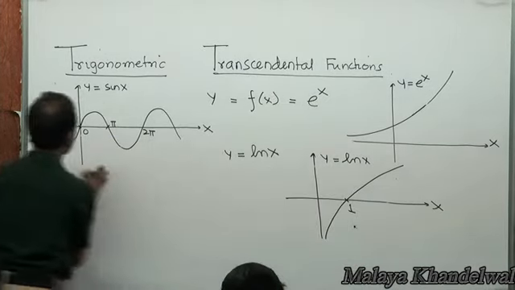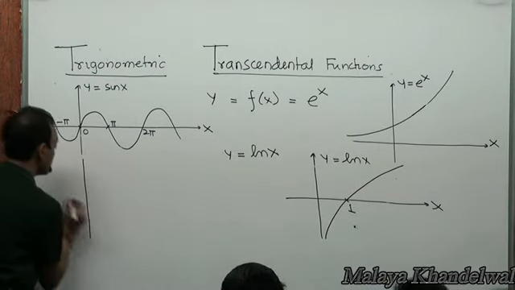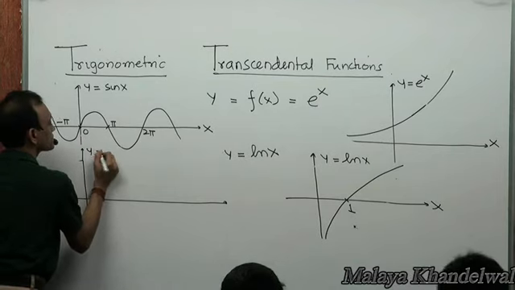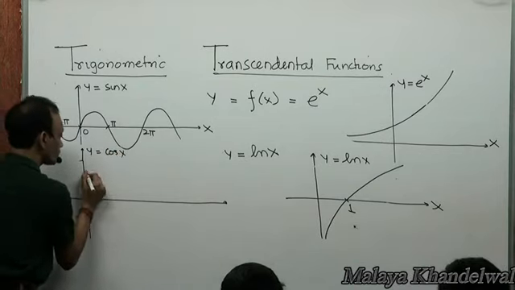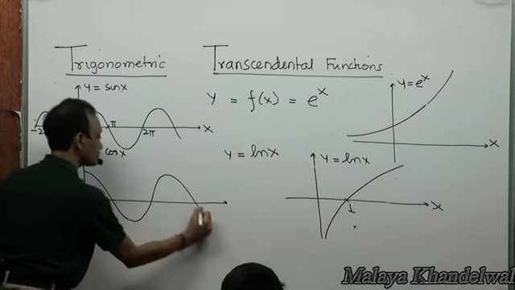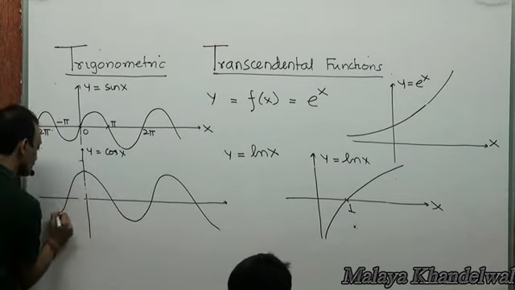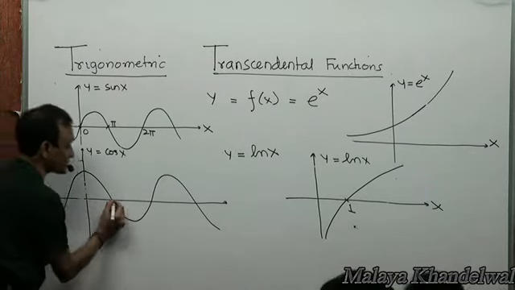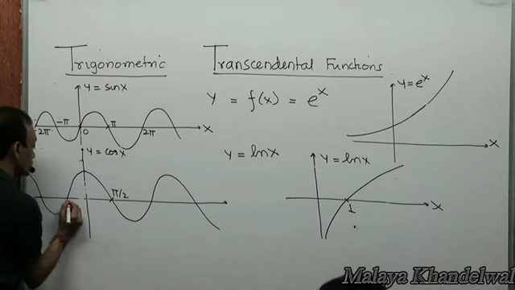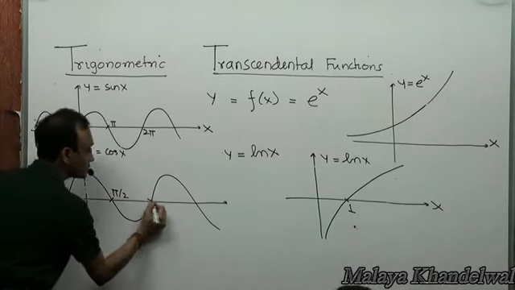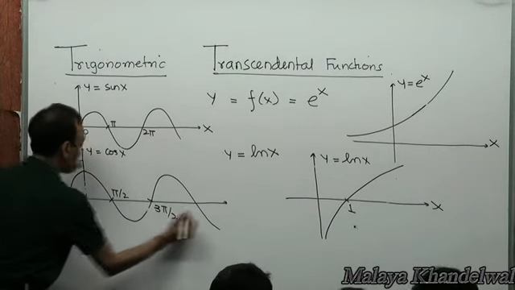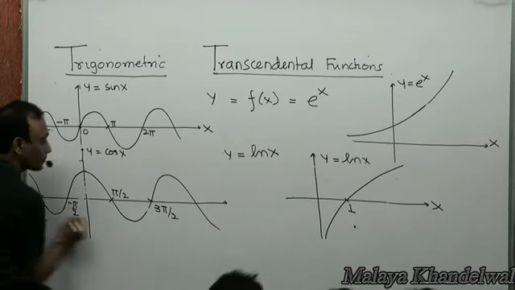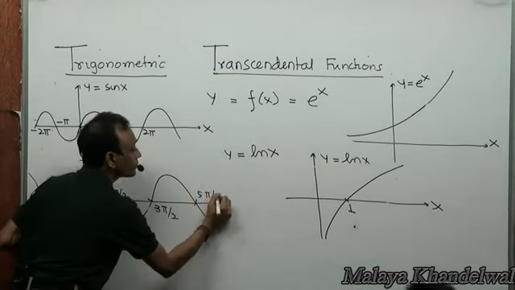Then we have y equal to cos x, which is symmetric about the y-axis, at x equal to pi by 2, minus pi by 2, x equal to 3 pi by 2, minus 3 pi by 2, 5 pi by 2, minus 5 pi by 2.